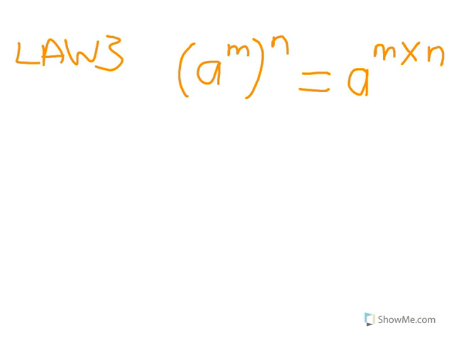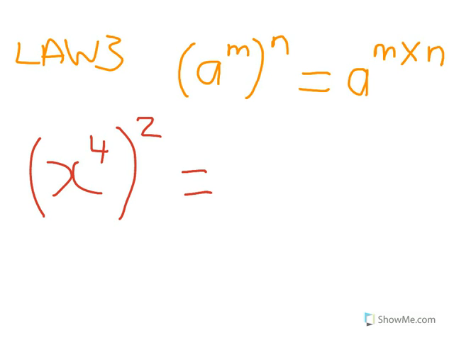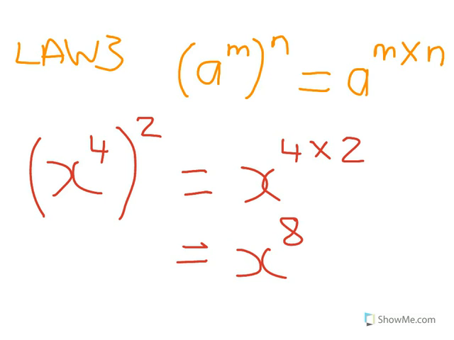Okay, so this time we are multiplying the indices together. For example, if we had x to the power of 4 in brackets to the power of 2, this will equal x to the power of 4 times 2, which equals x to the power of 8.